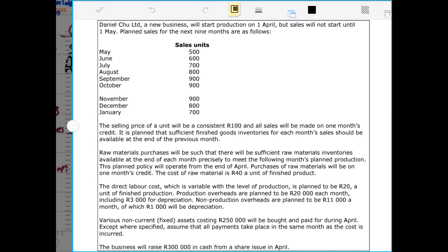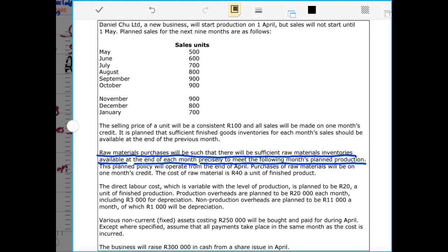The second paragraph said to us, raw material purchases will be such that there will be sufficient raw material inventories available at the end of each month, precisely to meet the following month's planned production. In other words, they are telling us that when we buy raw material, we have to make sure that the closing balance of the current month is equal to production of the next month.